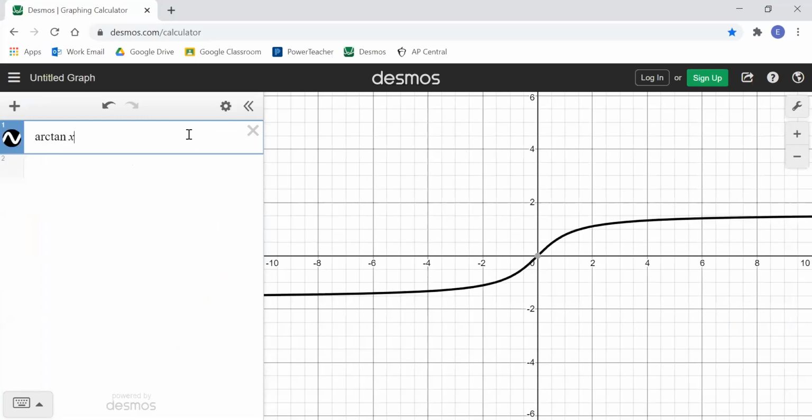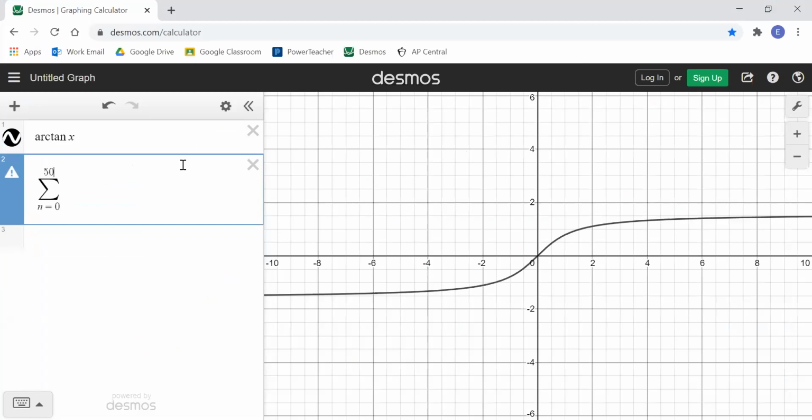So here's arctangent of x. And our sum, which is the sum from n equals 0 to, let's just put in like 50 there. We've got negative 1 to the n, and we've got x to the 2n plus 1, all of that divided by 2n plus 1.